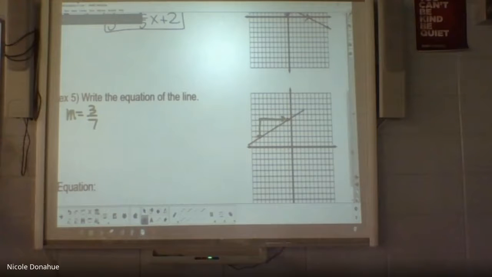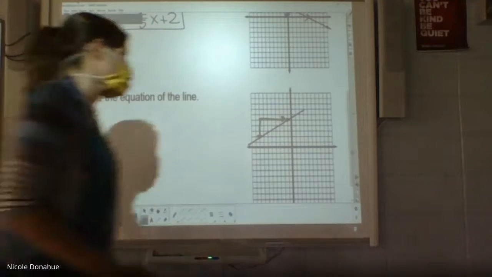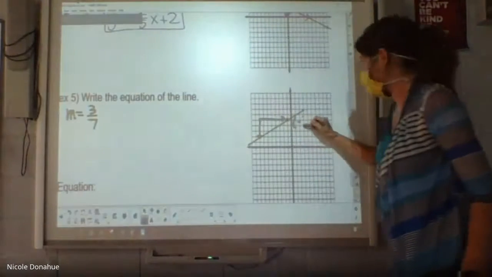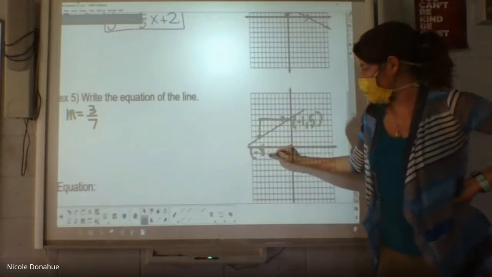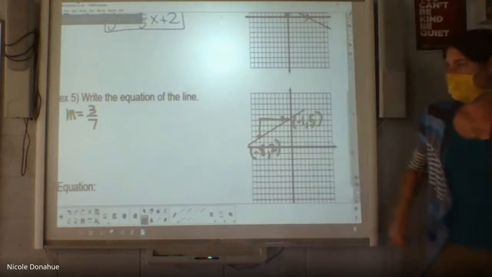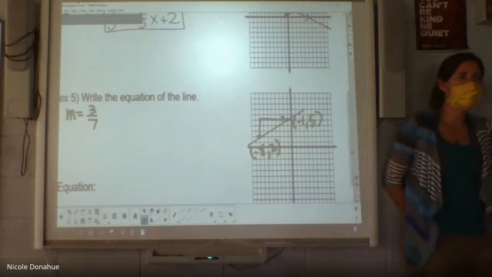Yeah, we have 2 points already. So we have the slope, and there's 2 points right there on the graph we can use to find our b. We can pick either of those 2 points. So this point is -1,5. This one is -8,2. We can use one of those 2 points along with our slope to find our b.